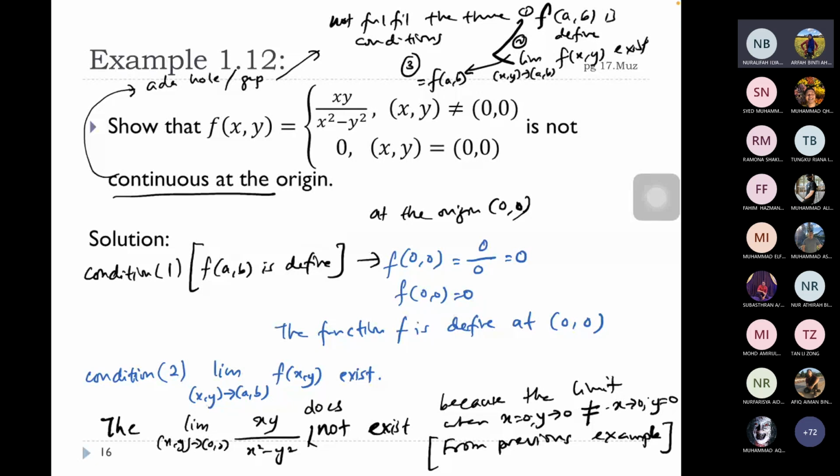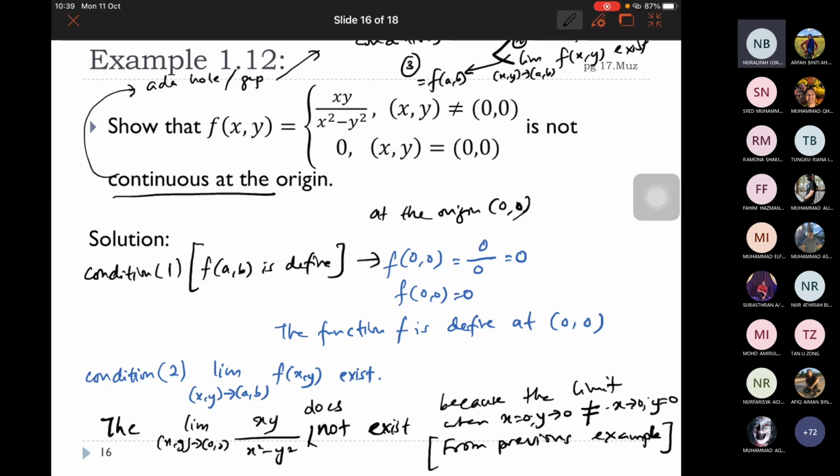Okay. That's the reason why condition kedua does not fulfill. Okay, for this case. Condition 2 does not fulfill. So, tak continuous lah.